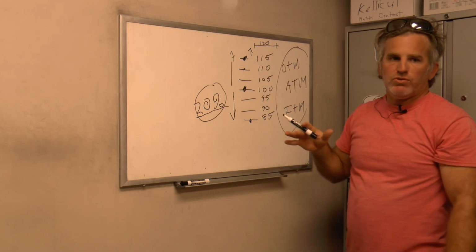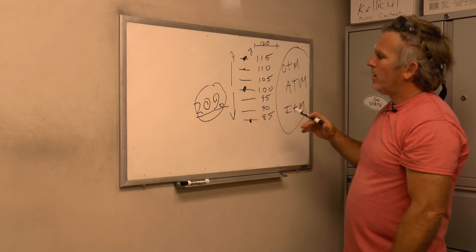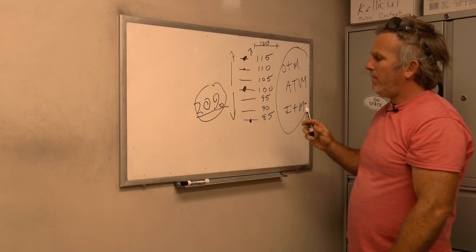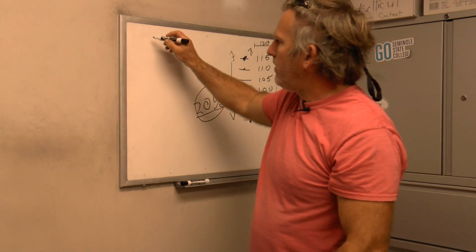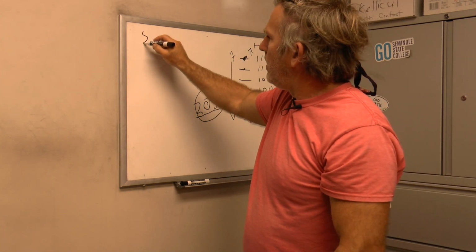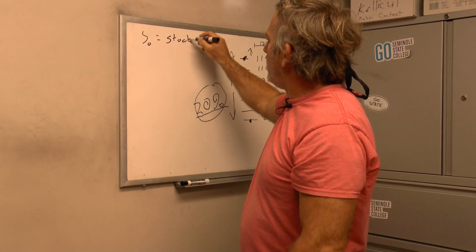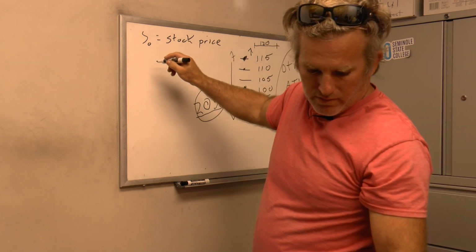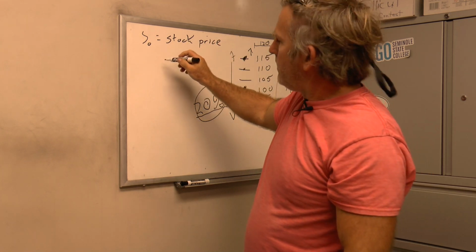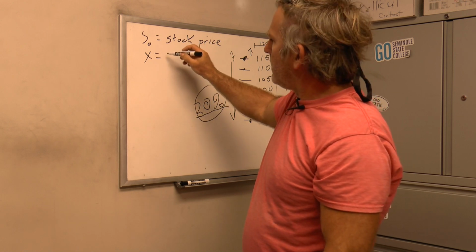And that Black-Scholes model, that's exactly what it's all about. Coming up with a method based on inputs, and a few of the inputs are the stock price, which is S sub 0, and X, the exercise price.